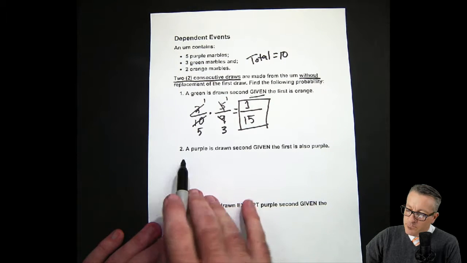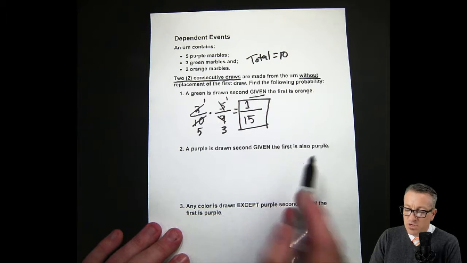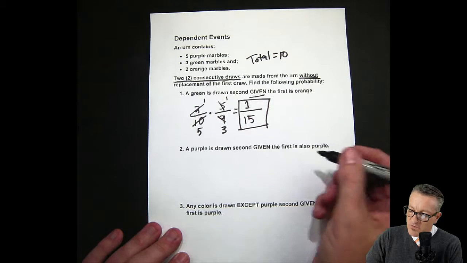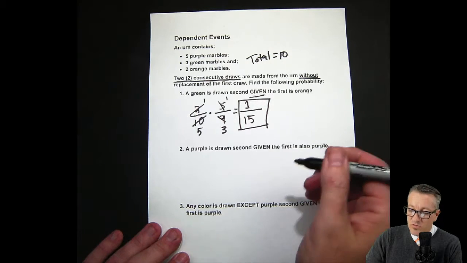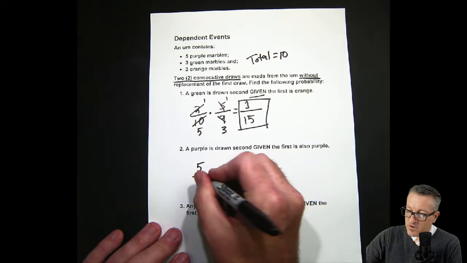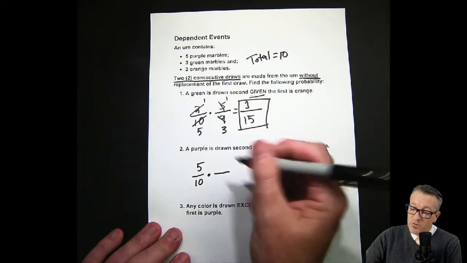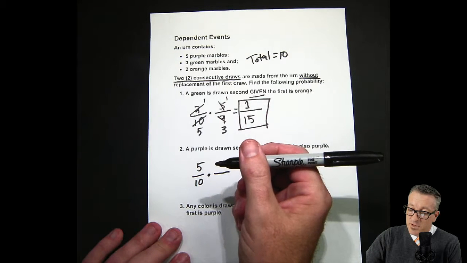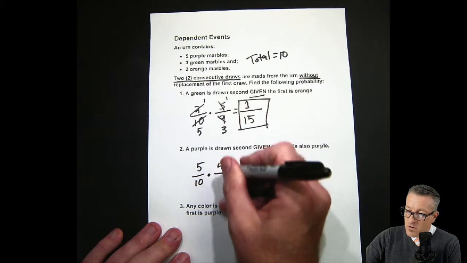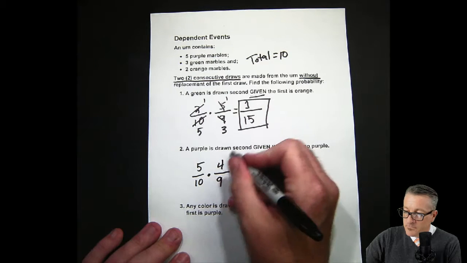So for the second one, a purple is drawn second, given the first is also purple. So drawing 2 purples without replacement. So let's do the first one first. In this case, it doesn't matter. They're both purple. First one first. Let's see. 5 over 10. And the second time that we look for purple, there are fewer purples to pick from. So in this case, we end up with 4 over 9. We can do a little bit of reducing here.